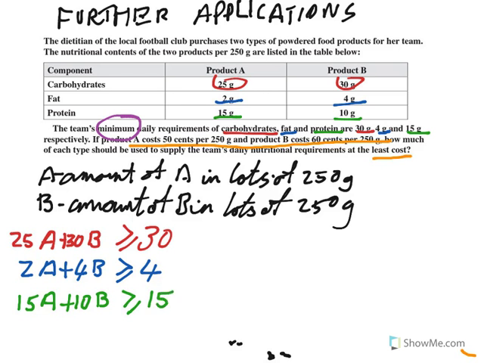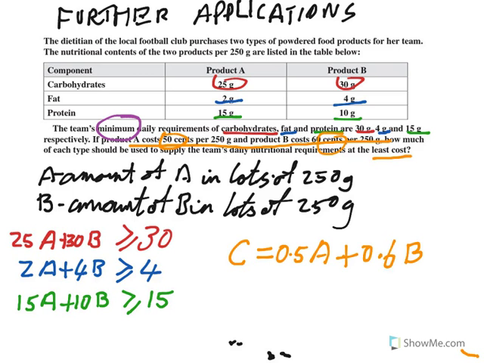Alright, so there's our restrictions. You graph those on the graph, find your corner points and test your corner points. And what are our corner points testing for? Well, they're testing for our cost, and so the cost is equal to the amount of product A times its cost, 50 cents, so 0.5, let's work in dollars, plus the cost of B, and B costs you 60 cents, so 0.6.